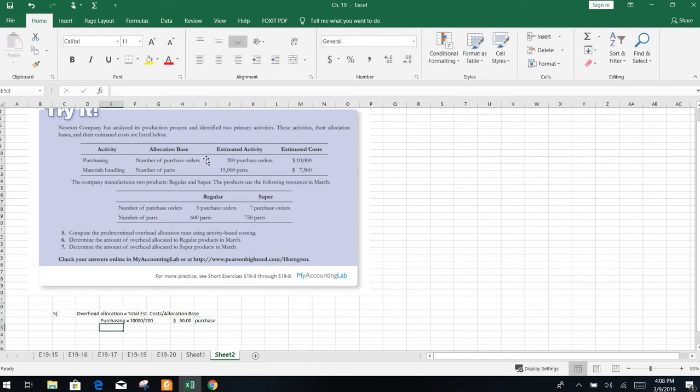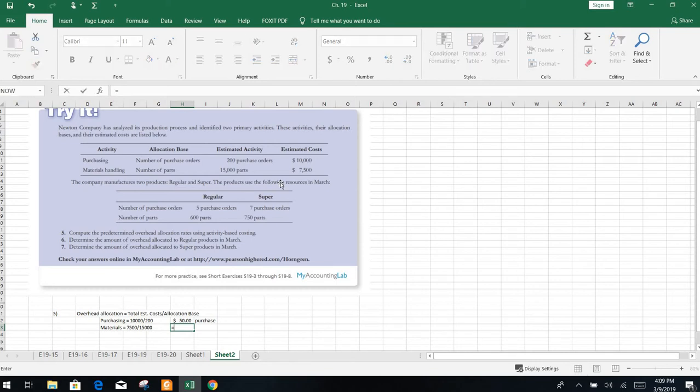And now let's get the allocation for the materials. Materials equals the total estimated costs here are 7,500, so let's put 7,500 divided by our base, which is 15,000 parts. Okay, and now let's divide those.